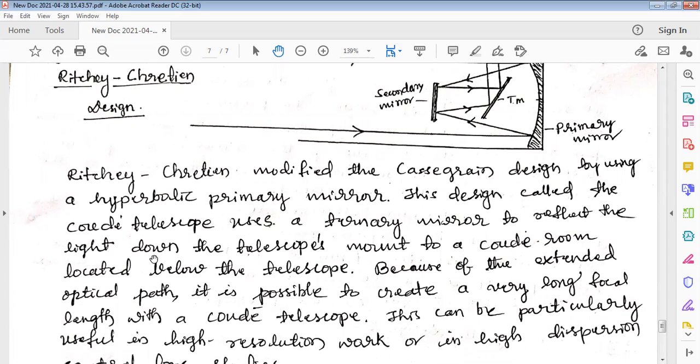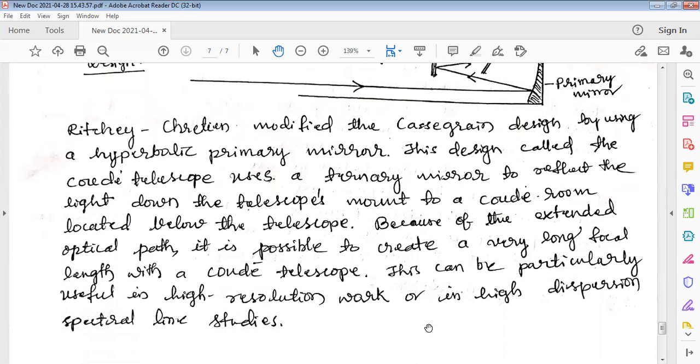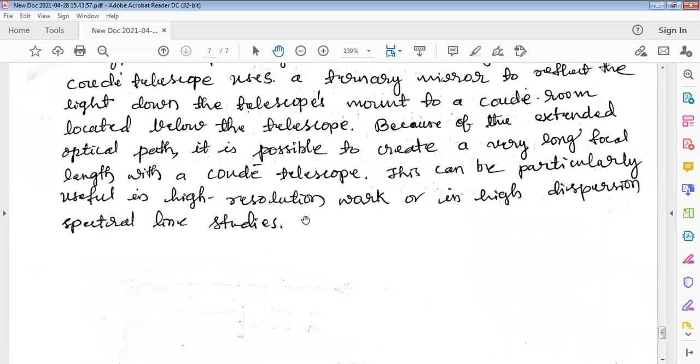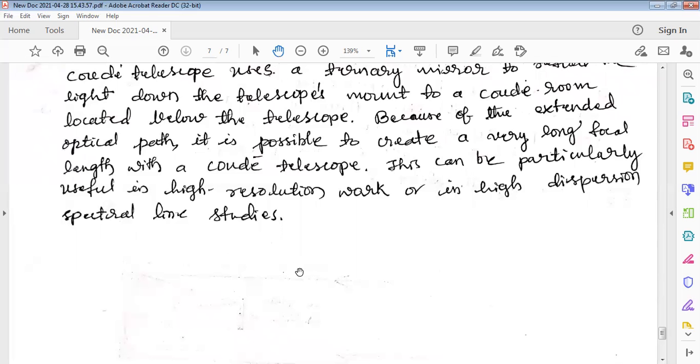This design, called the Coudé telescope, uses a tertiary mirror or third mirror to reflect the light down the telescope's mount to a coudé room located below the telescope. Because of the extended optical path, it is possible to create a very long focal length with the Coudé telescope, and this can be particularly useful in high resolution work or in high dispersion spectral line studies.